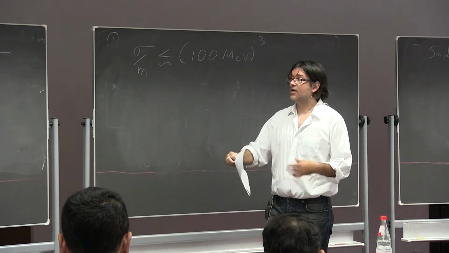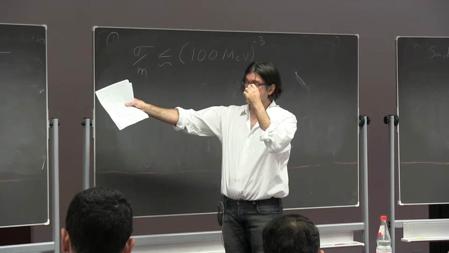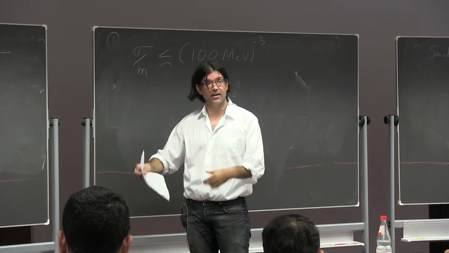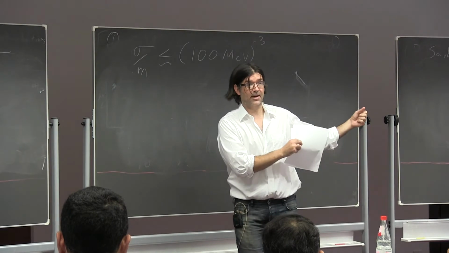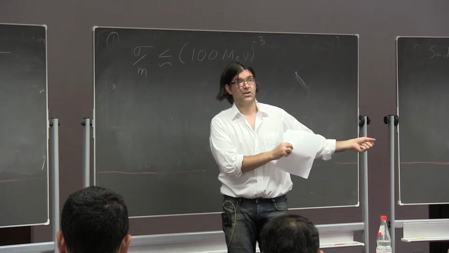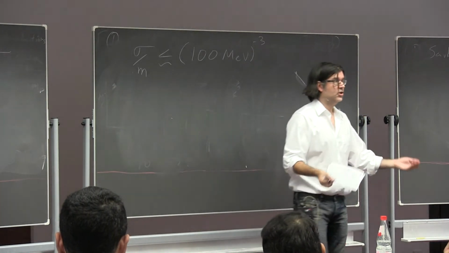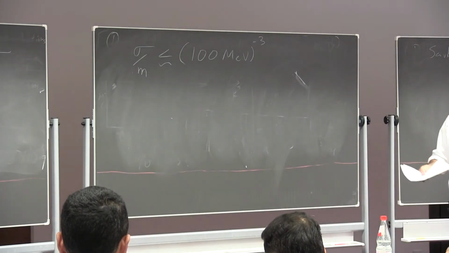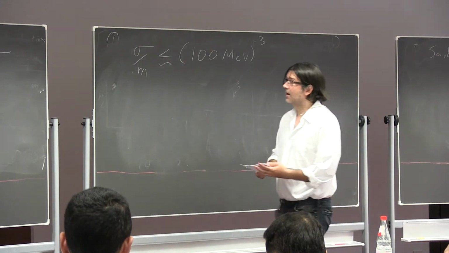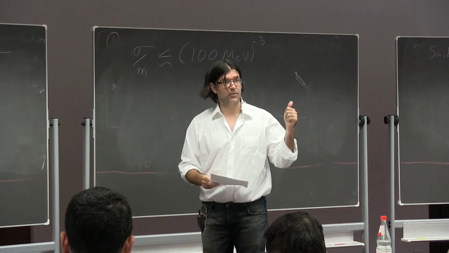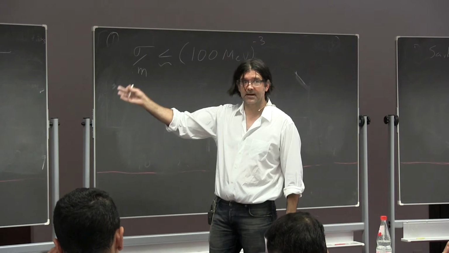Because the systems this is testing go from dwarf galaxies, at approximately 10 kilometers per second, up to galaxy clusters, at 1,000 kilometers per second. So if you've got any sort of velocity dependence, you're talking about orders of magnitude changes in the overall size of the cross-section between those systems. So that's the first point to remember when you're talking about self-interacting dark matter and limits.